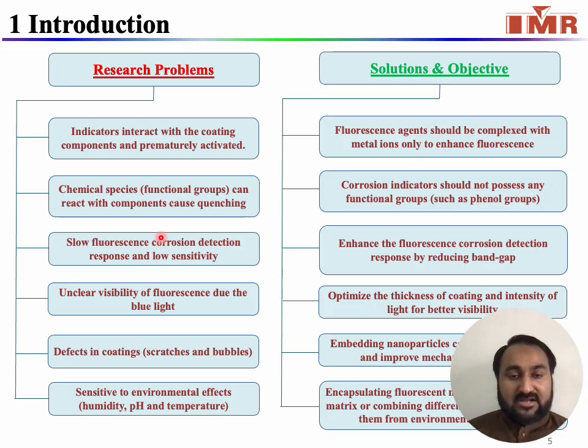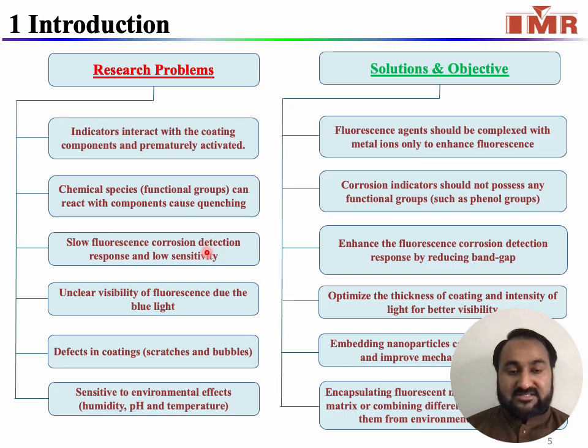Okay, so what are the research problems? The indicators may activate prematurely, and their chemical species, such as functional groups, can react with components and cause quenching.